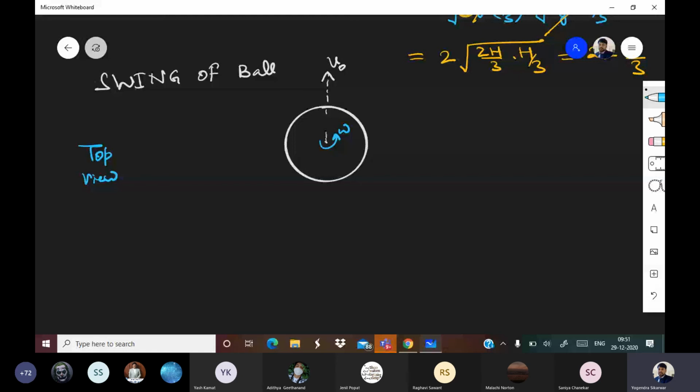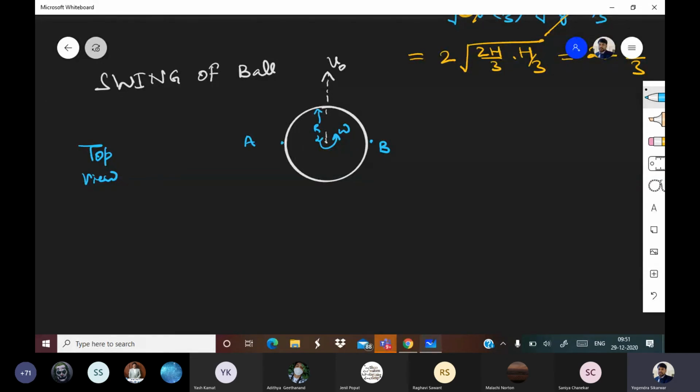We are considering 2 points, A and B, at the same horizontal level on the ball. The radius of the ball is R.